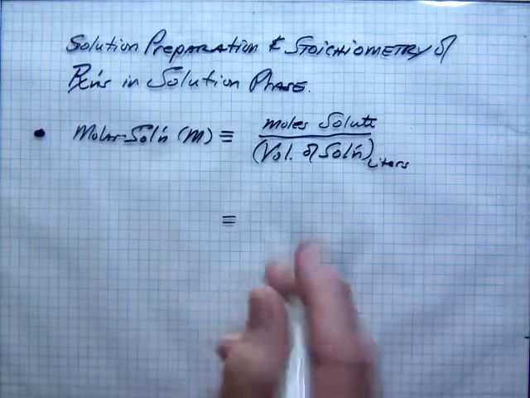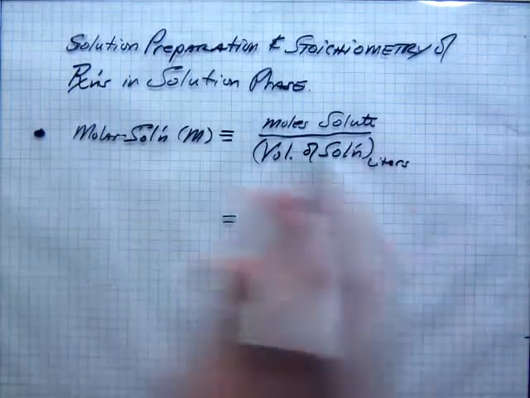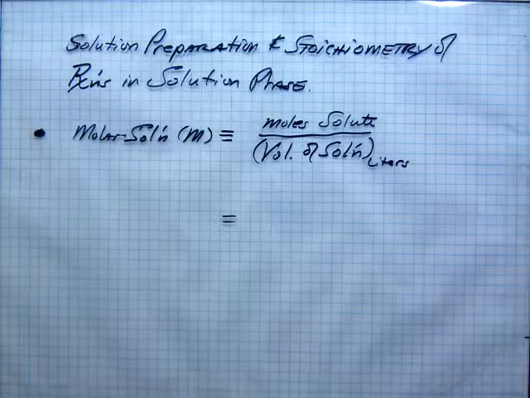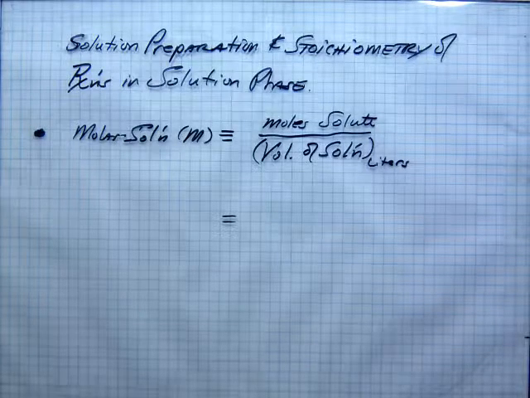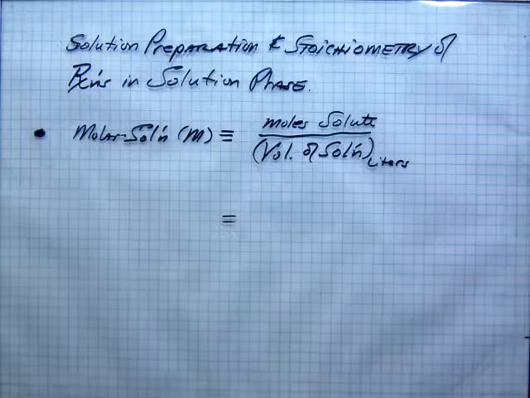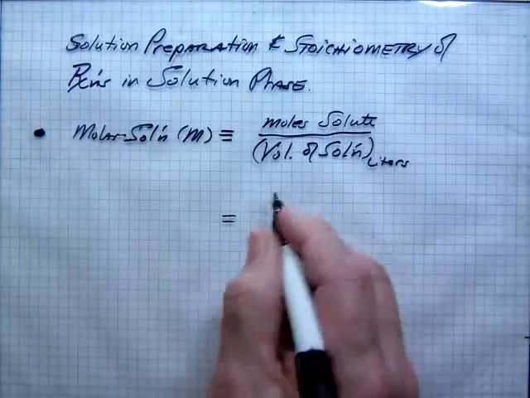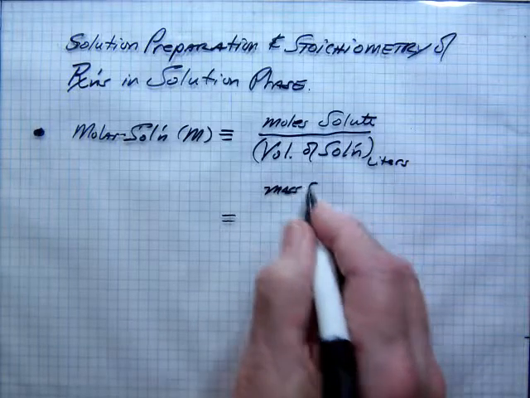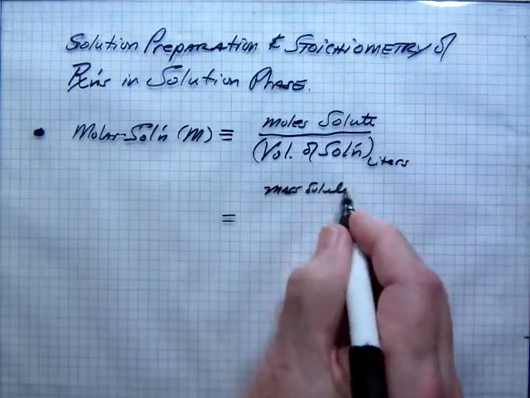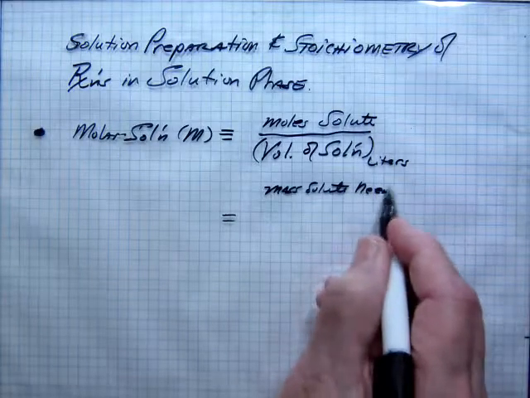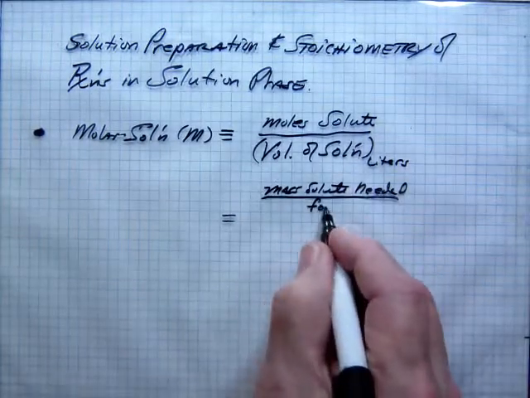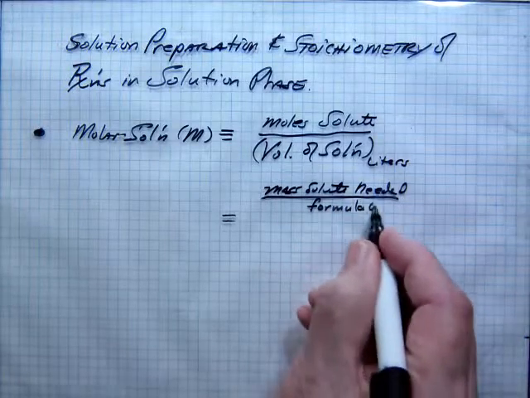And we know that from the definition of moles, sometimes you come out with a mass value and they ask you to convert it to moles and express the solution concentration. Well, moles is the mass of solute needed divided by its formula weight.